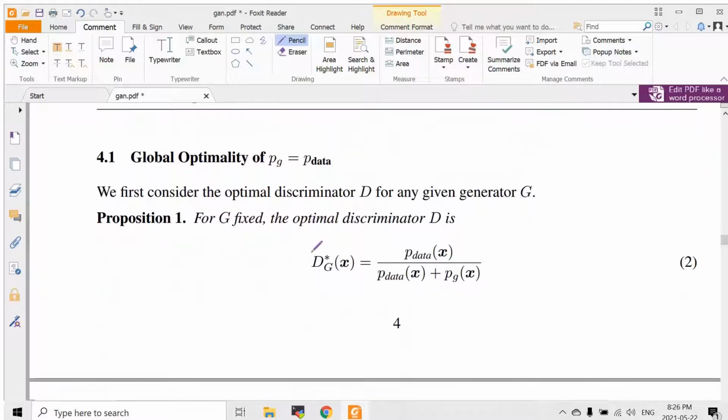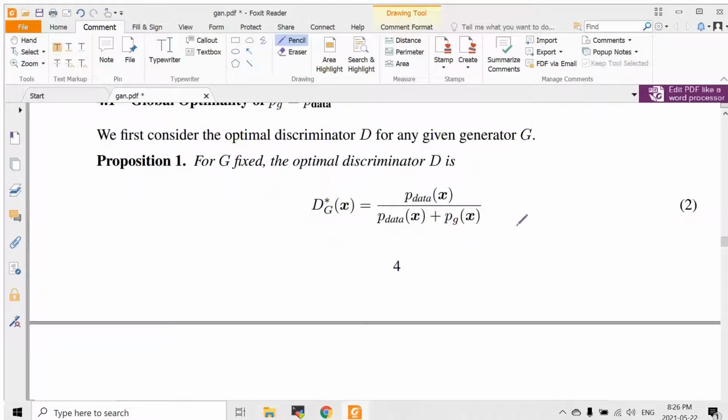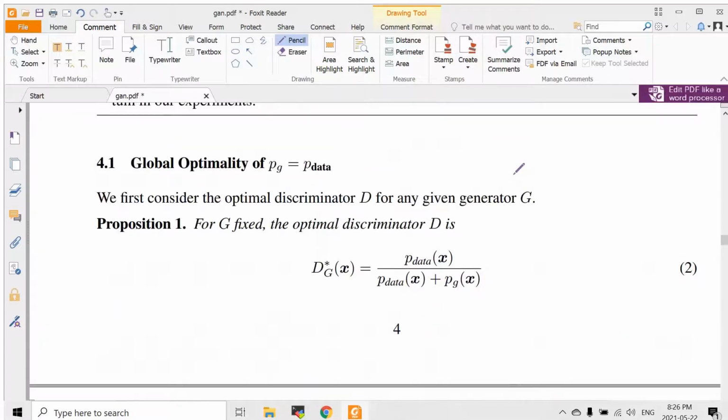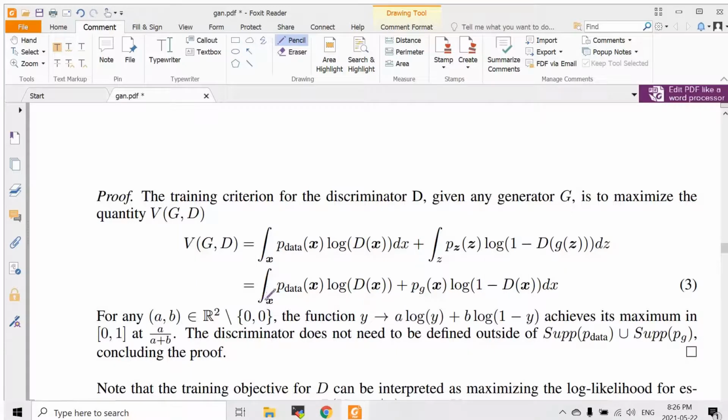Okay. So we first consider the optimal discriminator. Now they're trying to delve into a lot of maths. For any given generator G, with G fixed, the optimal discriminator D is this. So you take a proposition, then the proof, and they prove it mathematically as well.